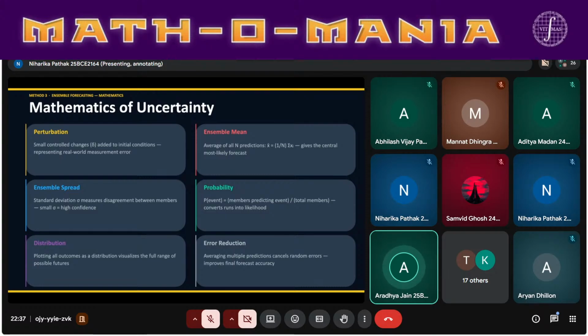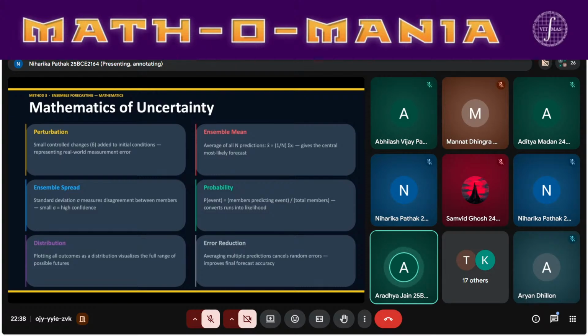The members are called ensemble members, and one ensemble member is where we are running a particular NWP model. Different kinds of NWP models means different kinds of ensemble members. As we discussed earlier, if the standard deviation is small, there's high confidence that the particular event is going to happen, and vice versa for a large standard deviation.